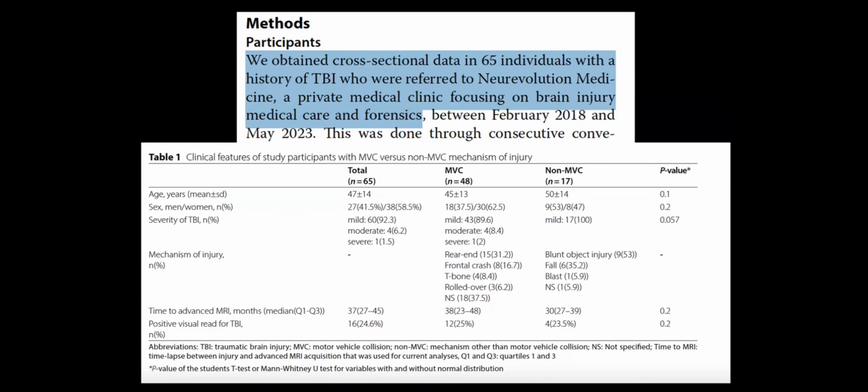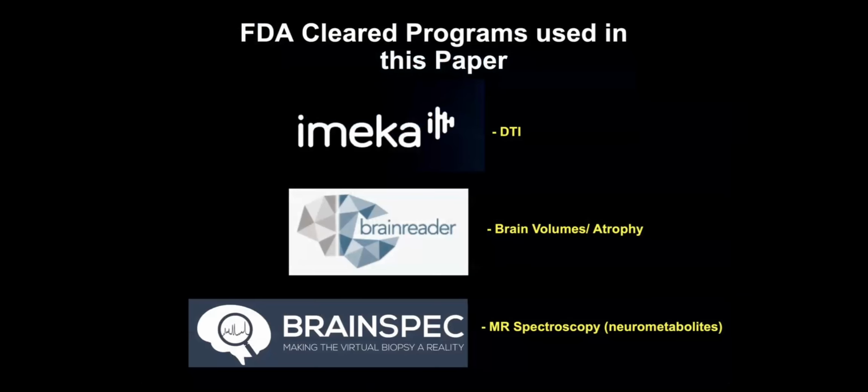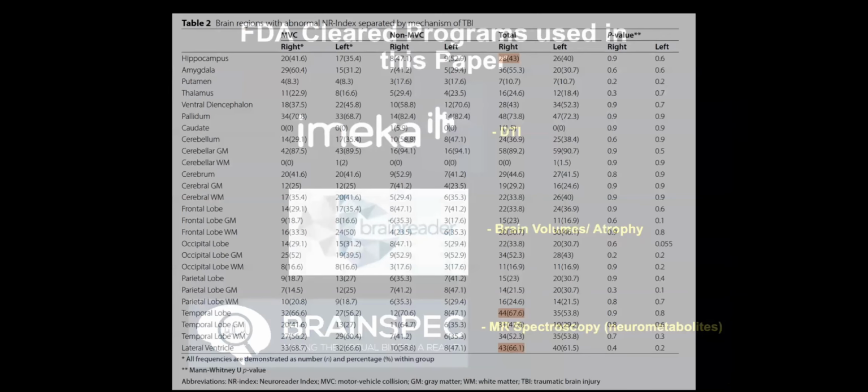These were individuals who are frequently months to years out from their traumatic brain injury. And the most common cause of the TBI that we frequently saw were motor vehicle collisions, specifically rear end collisions, typically.